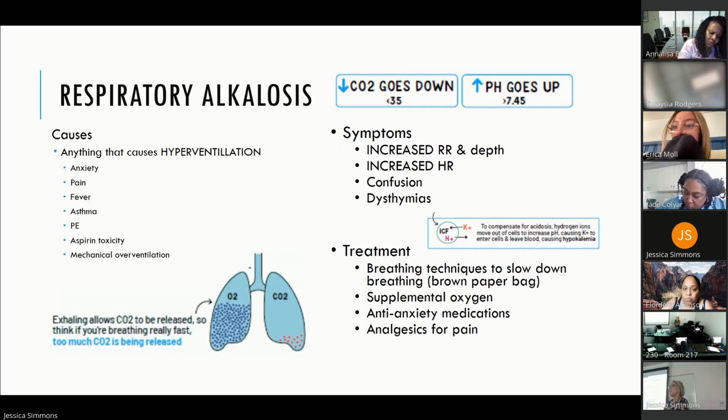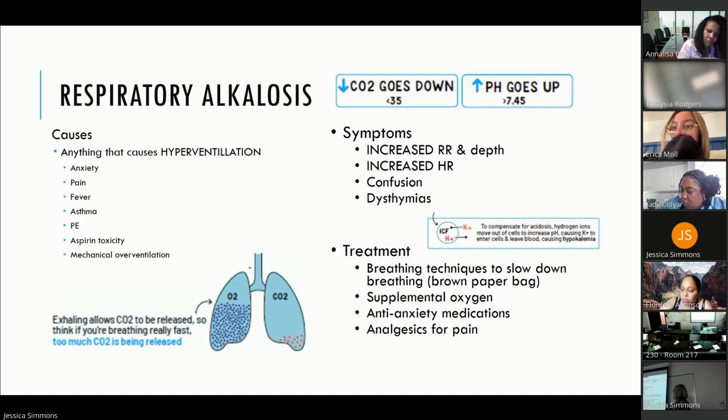So this can be caused from anxiety, pain, a fever, asthma, a PE, aspirin toxicity, mechanical overventilation. If the settings on the ventilator are too high and they're breathing too much, too fast, not holding on to enough CO2, they will become alkalotic.